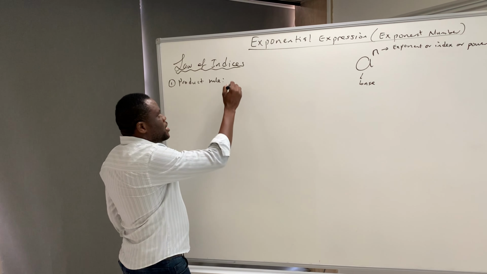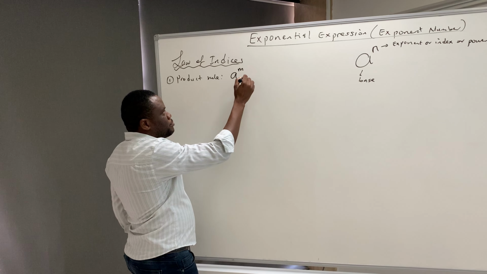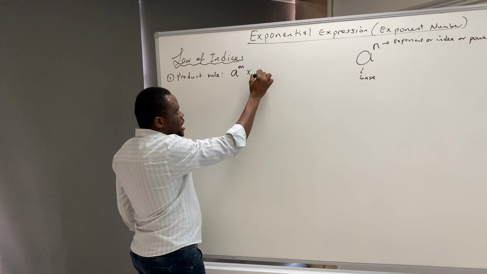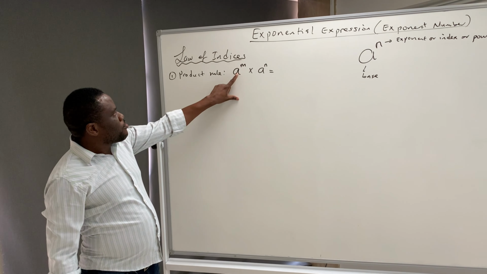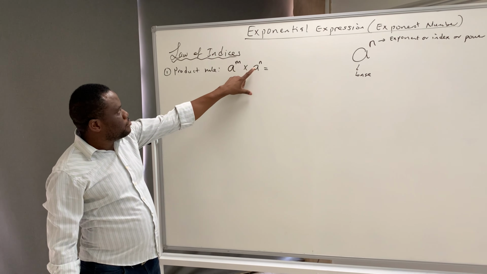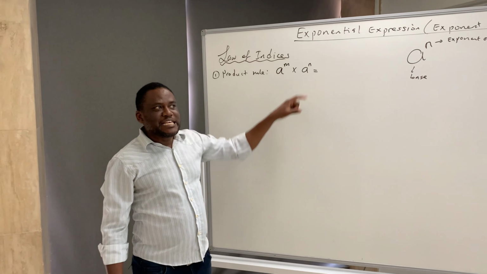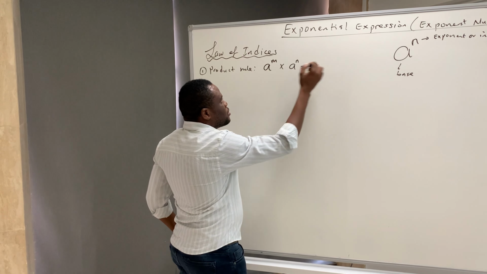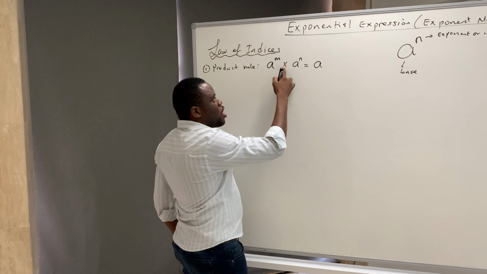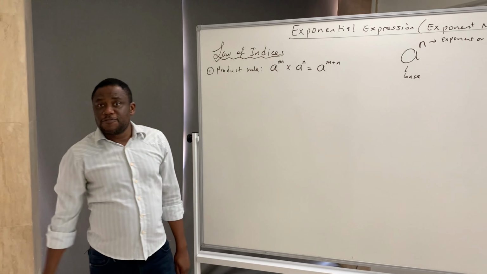Let's say you have a to the power of m times a to the power of n. m is the power, n is the power, a is the base. Since the base is common, you take one base, and multiplication becomes addition in the power.